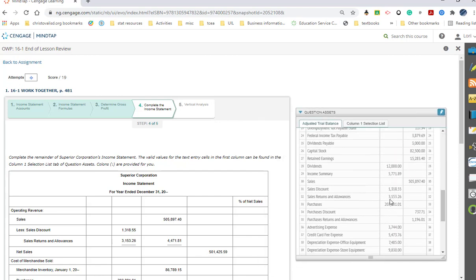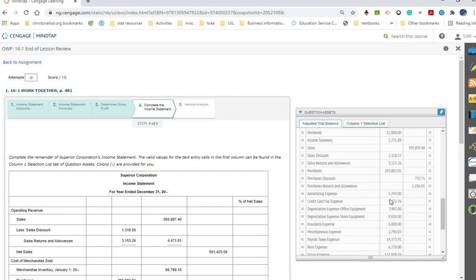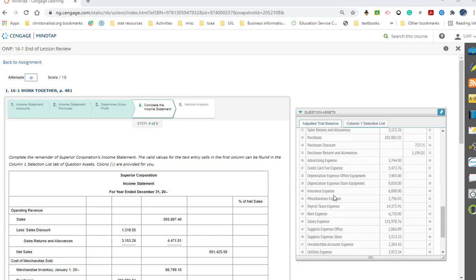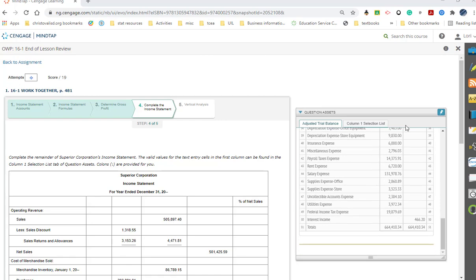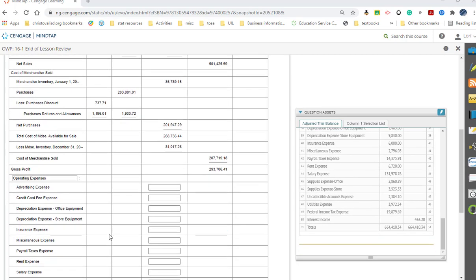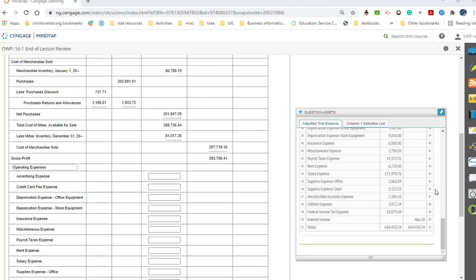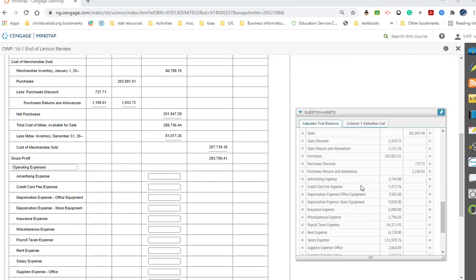And remember, your expenses are listed together. And so we're going to go down to our expense section, and we're basically going to copy all of these expenses over into our chart. And so advertising expense is the first expense. And we start recording from that point down.